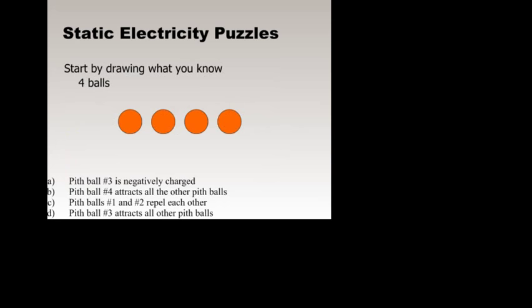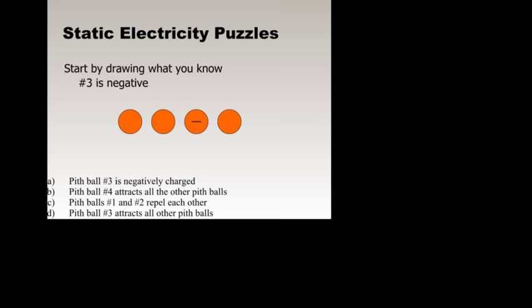And we know that pith ball number 3 attracts all of the other pith balls. So draw what you know. Draw your 4 circles, your 4 pith balls. And the only charge that we are given is that we know that pith ball number 3 is negatively charged.